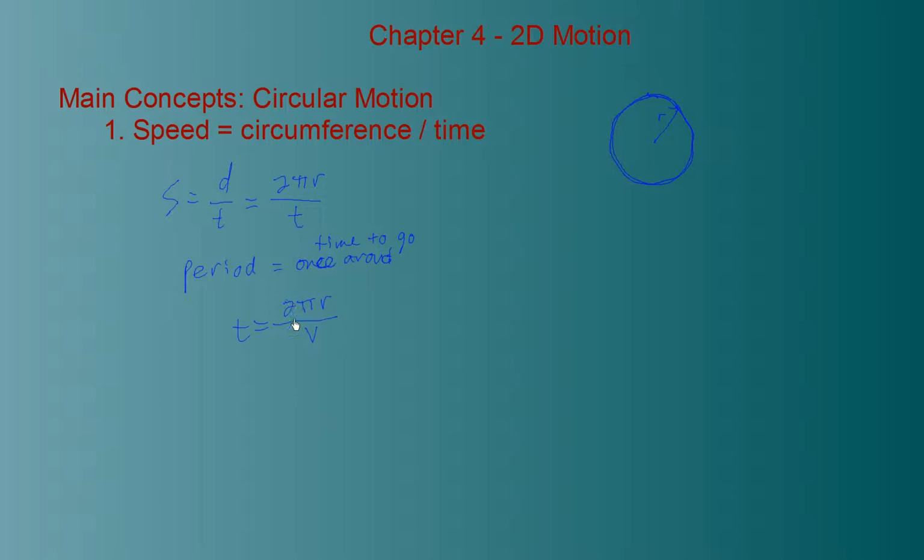If you had like 4 pi r, then that's twice the period, because you've gone around twice. Yeah, that's pretty much it for this. But this is useful in lots of problems.